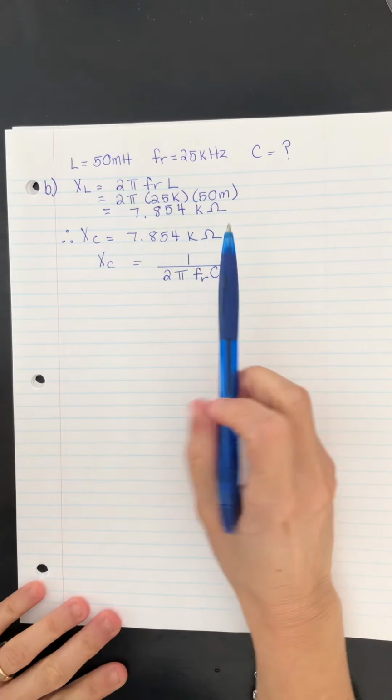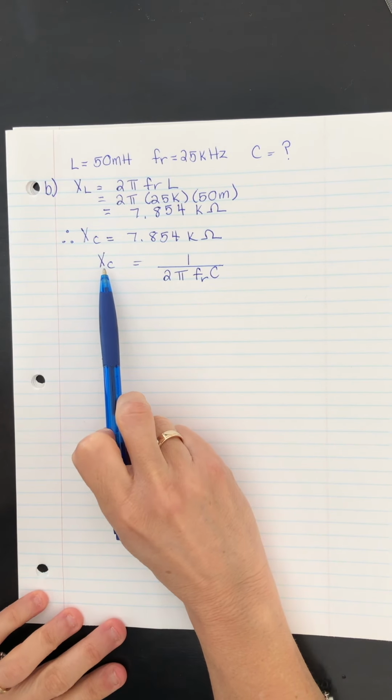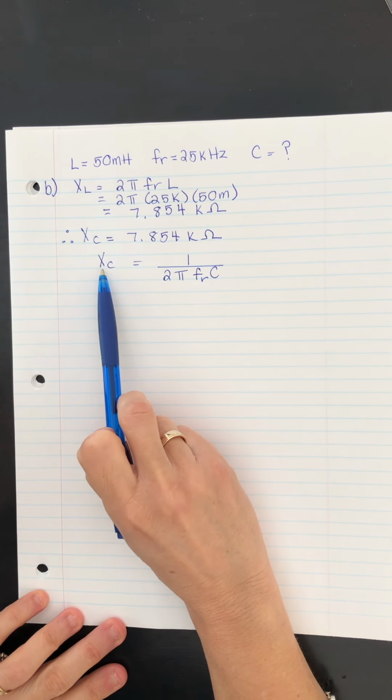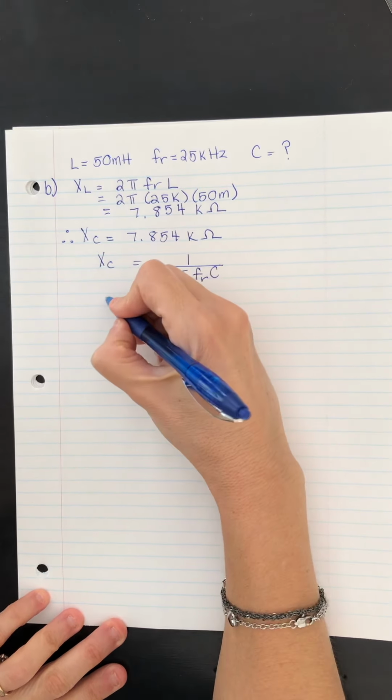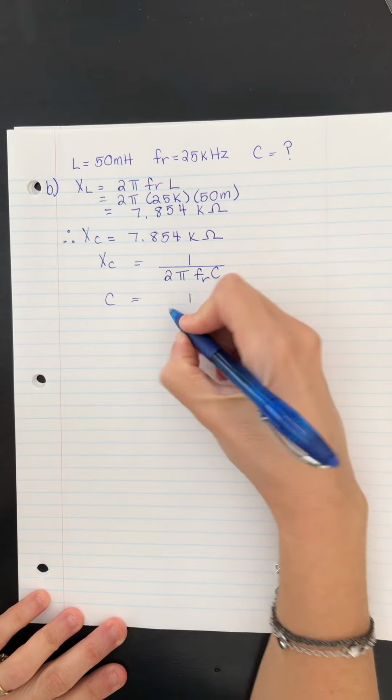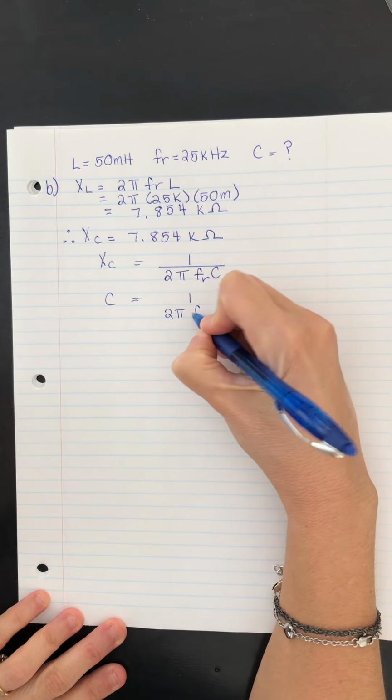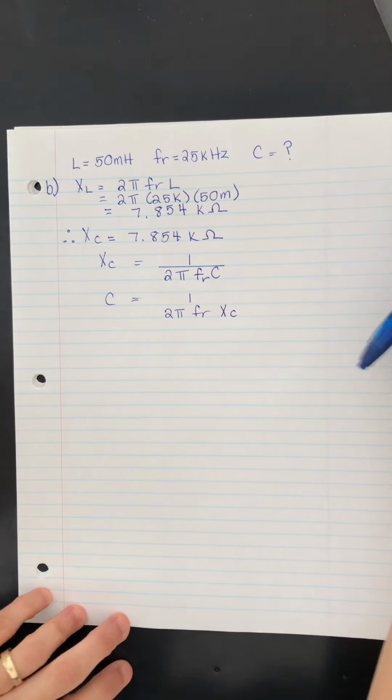So what you could do is simply rearrange it. And you would have C is 1 over 2 pi FXC, like that.